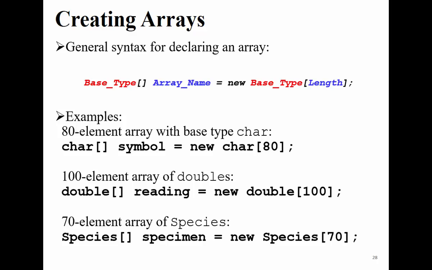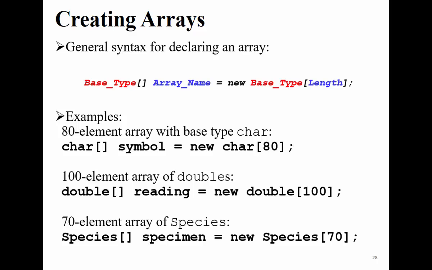It's very easy: char, empty brackets, the name that you choose as long as you follow the identifier style, equal, new, and the base type again, char. And you give a number, 80. So this statement defines 80 elements with the base type of characters.